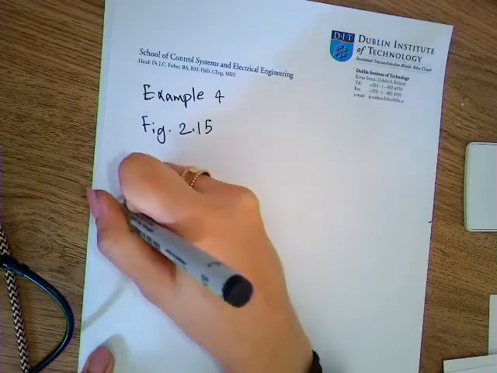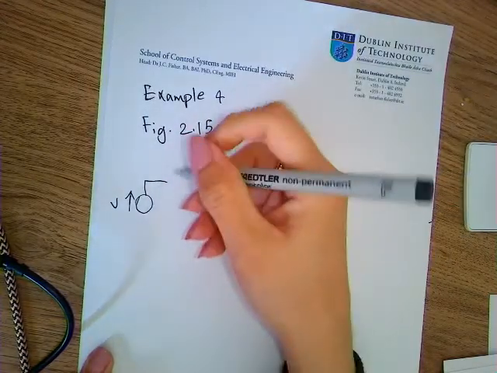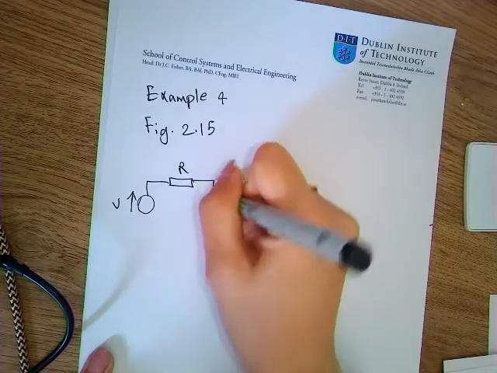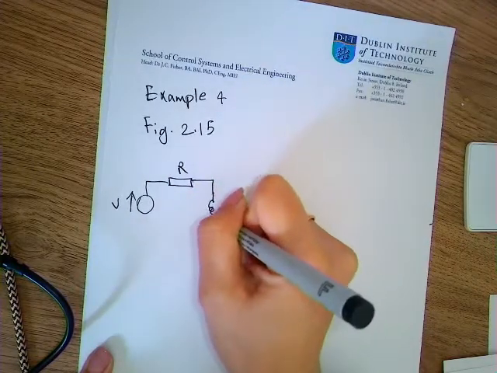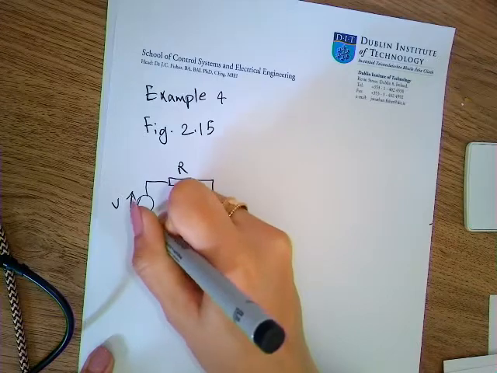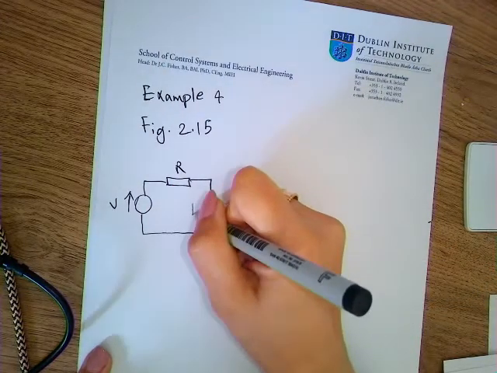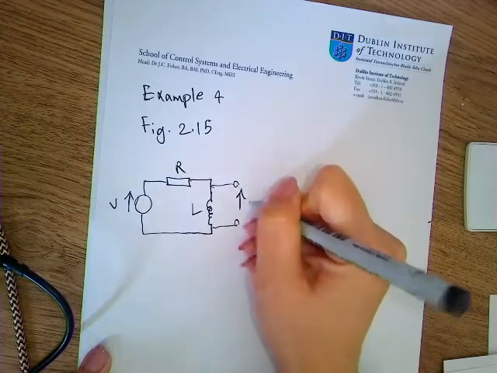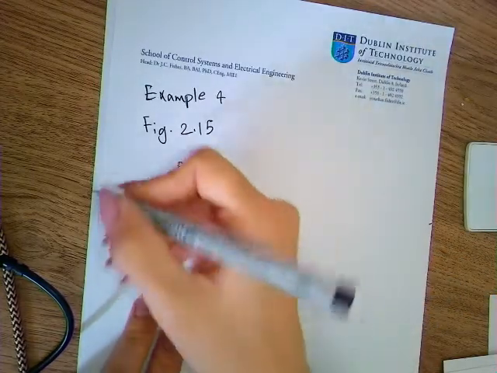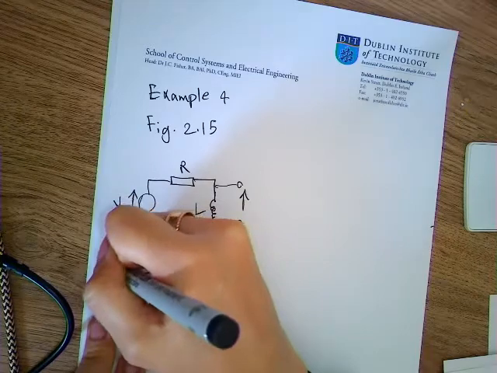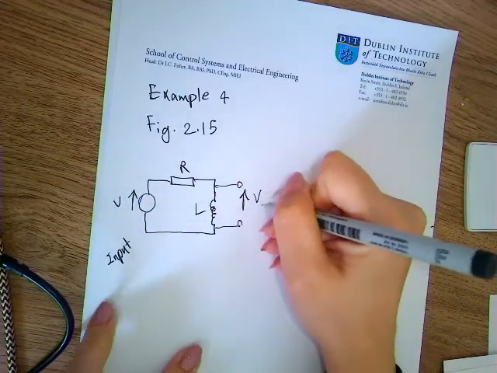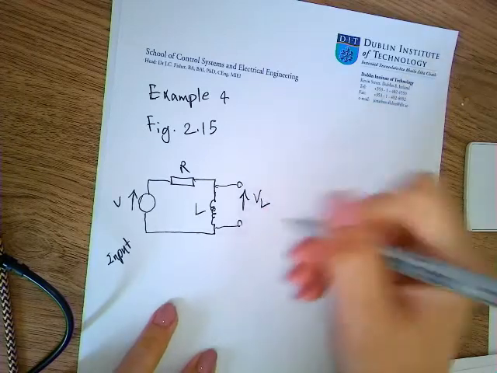So we have our input voltage supply of V, and then we have resistor R connected to our inductor L. I'm calling it L. So what we want is the relationship between our input V and our output, which is the voltage across the inductor VL.